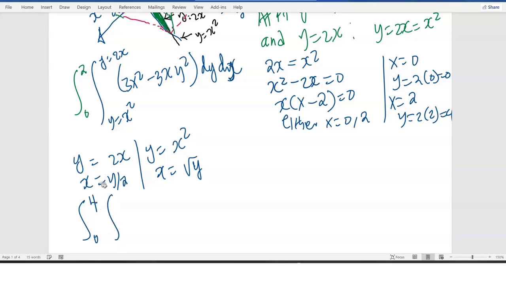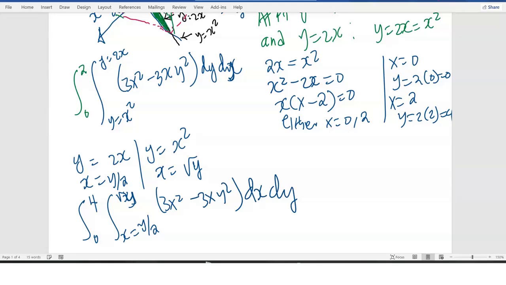Then I vary x so that x goes from y out of 2 to the square root of y, of 3x squared minus 3xy squared. Then I integrate what is inside with respect to x and then with respect to y.